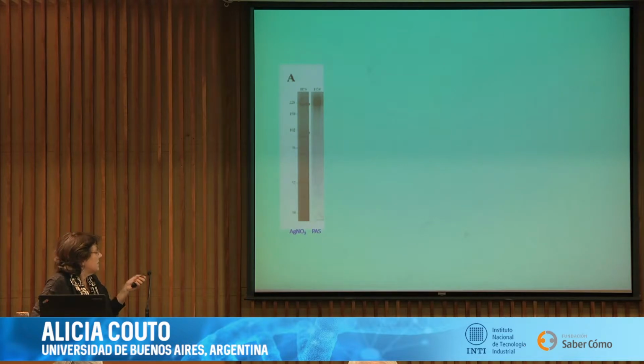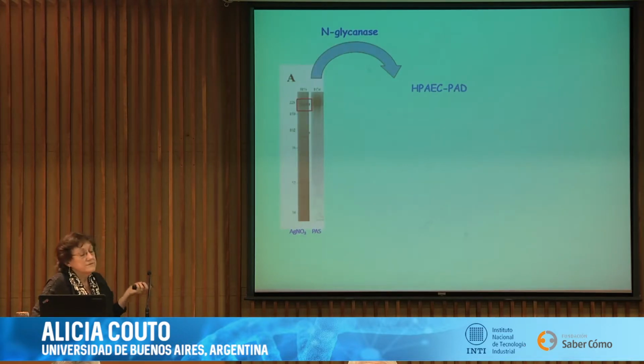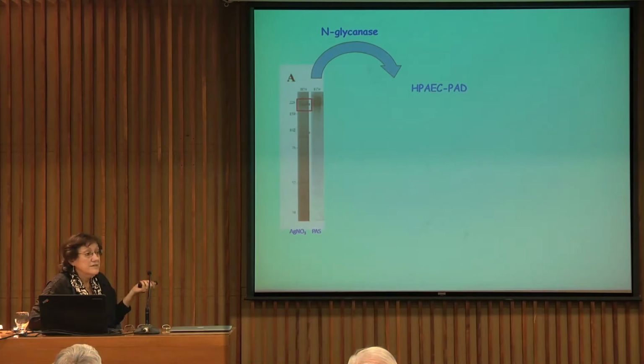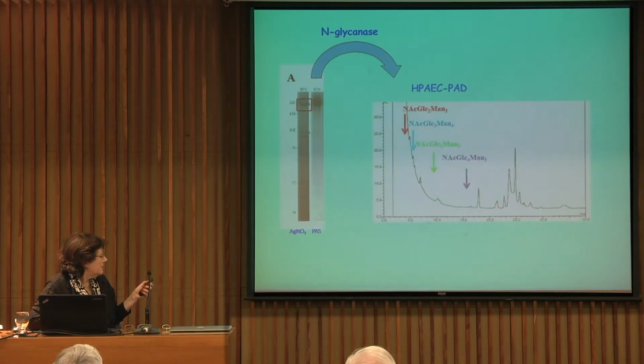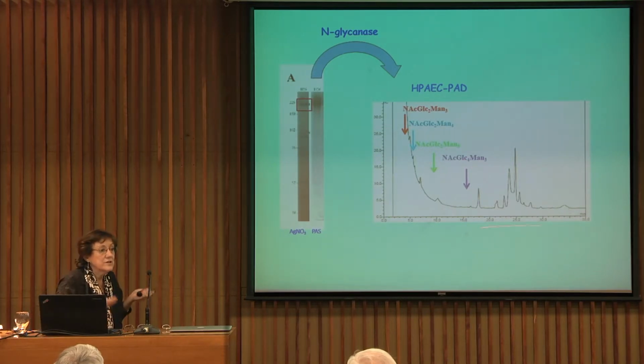So we took this band, we sliced the band, and we treated it with N-glycanase or PNGase F, it's the same enzyme, and analyzed the released oligosaccharides by anion exchange chromatography. In this case, we obtained a lot of peaks that were released with the enzyme, but they were not like the general structures known for N-glycoproteins.